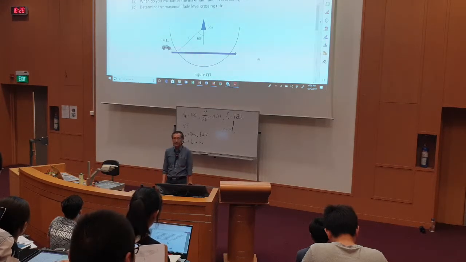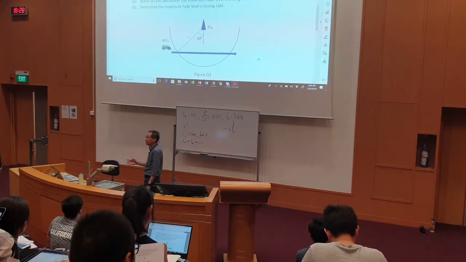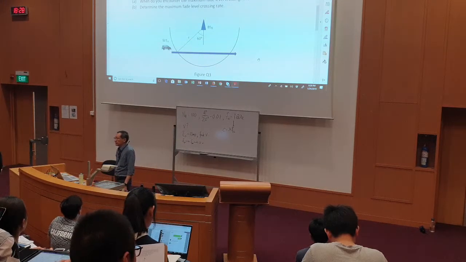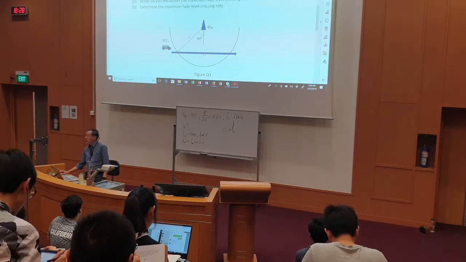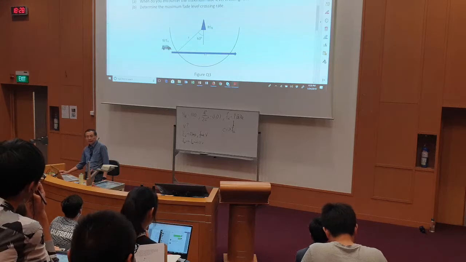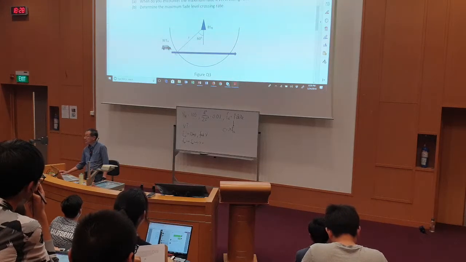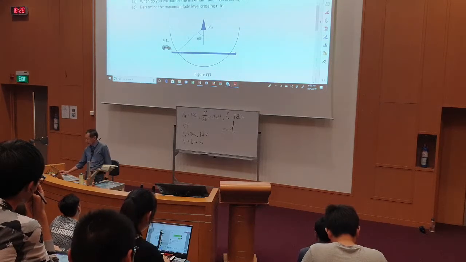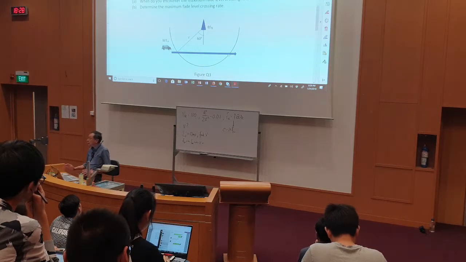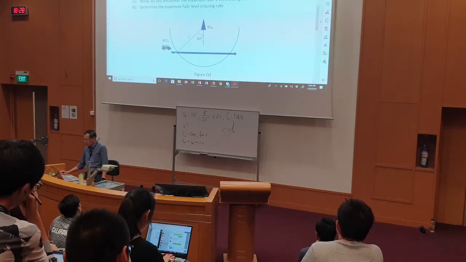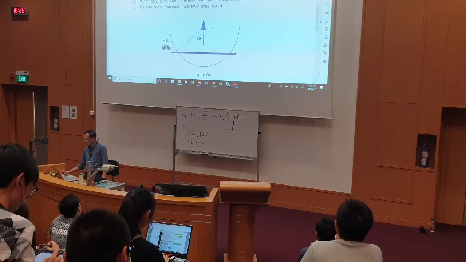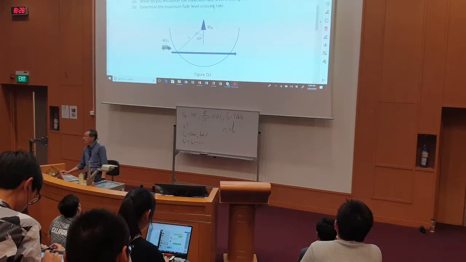Can you guess? Will it be here? No, right? It's going to be here. Maximum relative motion towards the base station. Similarly, at this point, it is the minimum relative motion because it's going away. So we need to find the maximum relative motion in this direction.